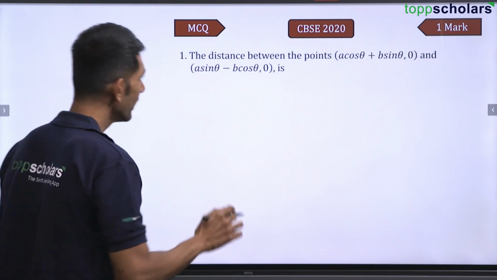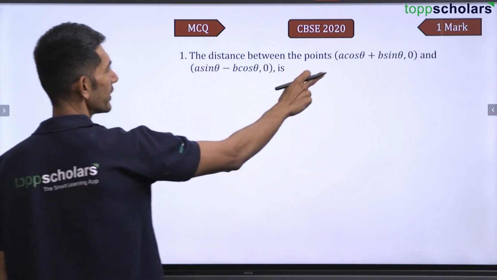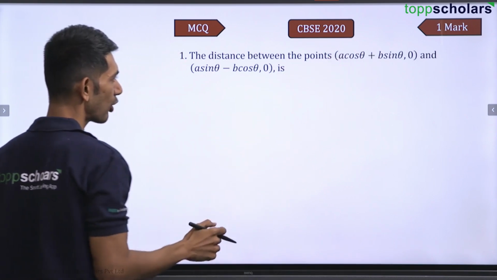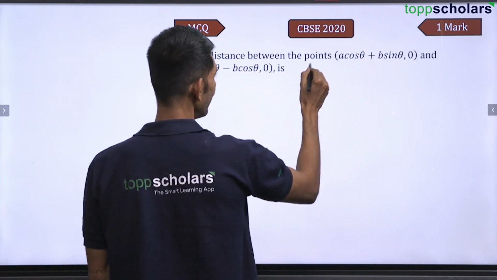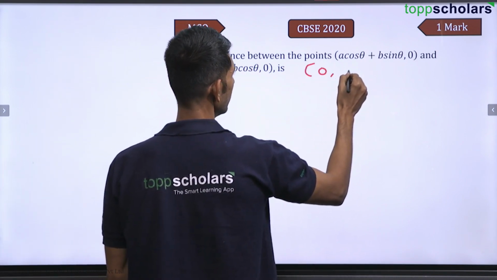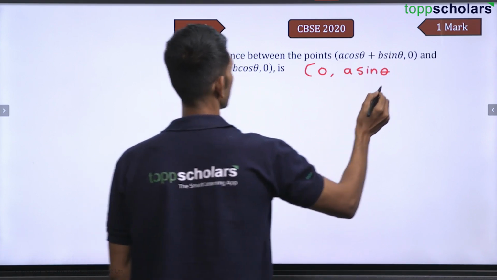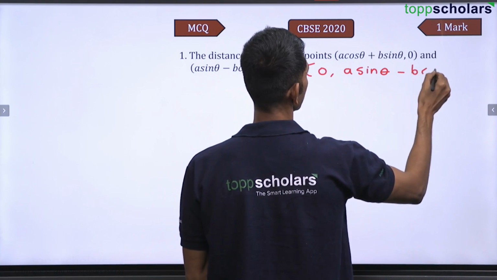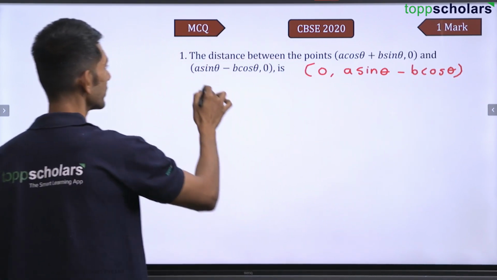So this is the first problem, and here we are supposed to find out the distance between the 2 points. The first point is given a cos theta plus b sin theta comma 0. The second point is slightly different. Please make a change in this question.